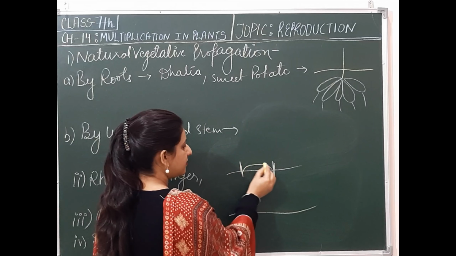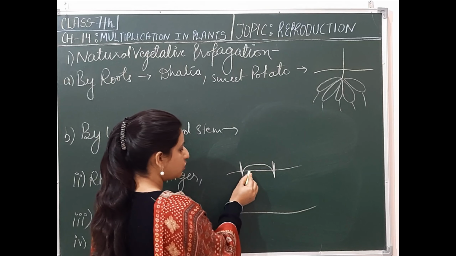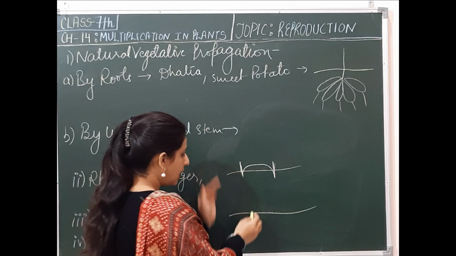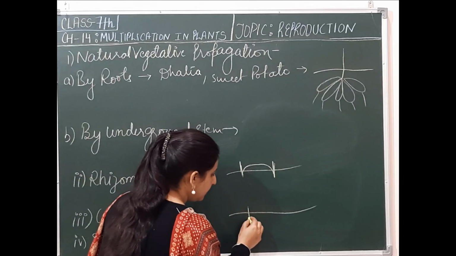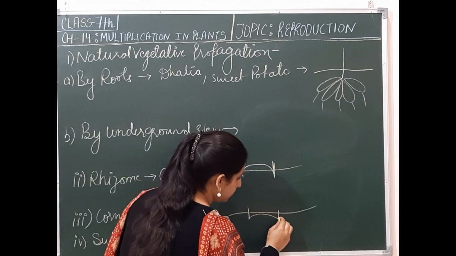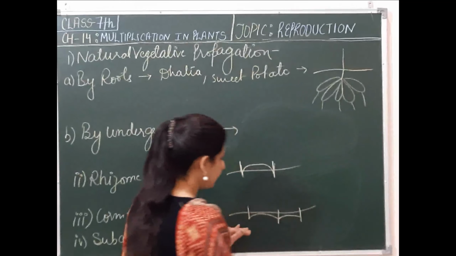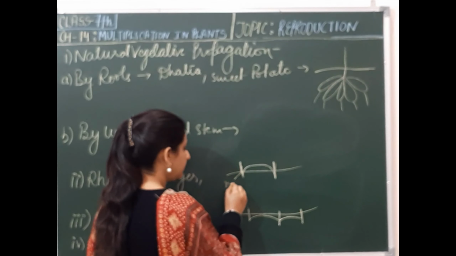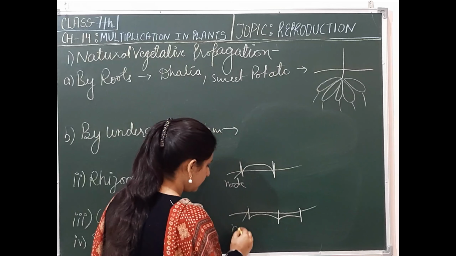This structure is just parallel to the ground level. So it may be above the ground level, and in some cases these structures are below the soil. And like this, step by step, this is the node part. Again here it is the node part.